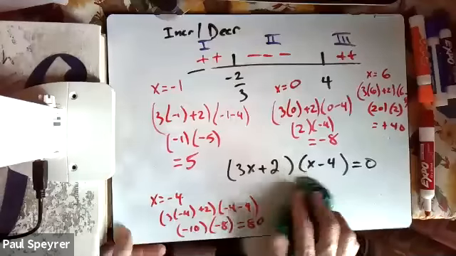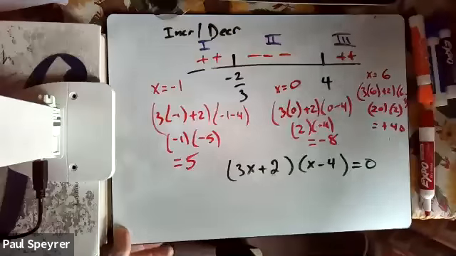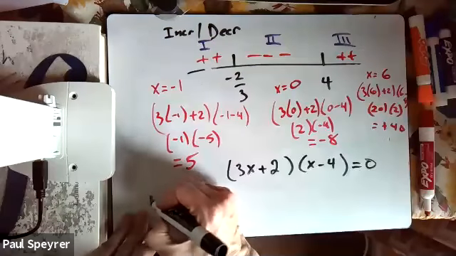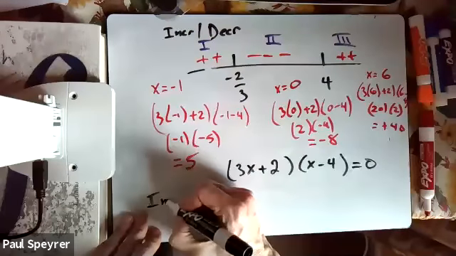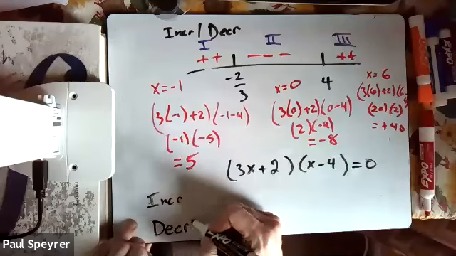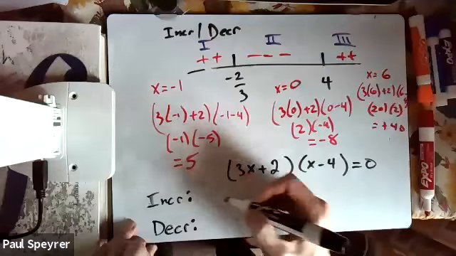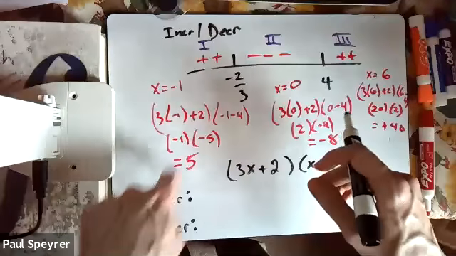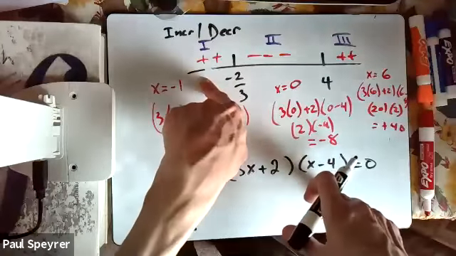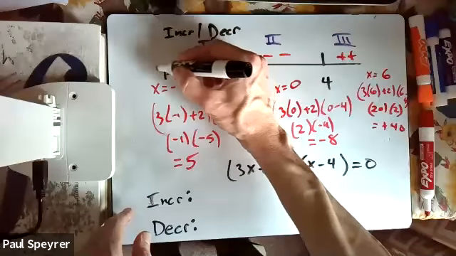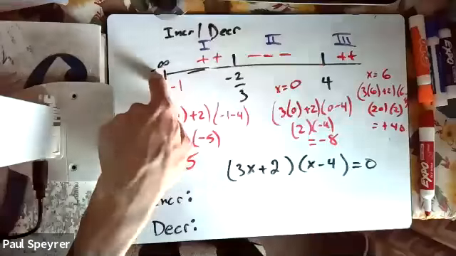Now that we have that, we can actually figure out the intervals where it's increasing and decreasing. So remember, this is always with respect to x, and for increasing, it's wherever you have the plus signs. So remember, this is going off forever to the left towards negative infinity.